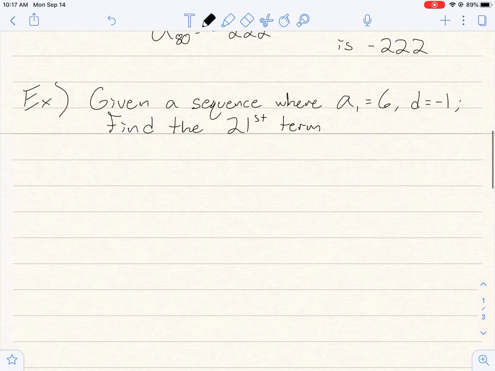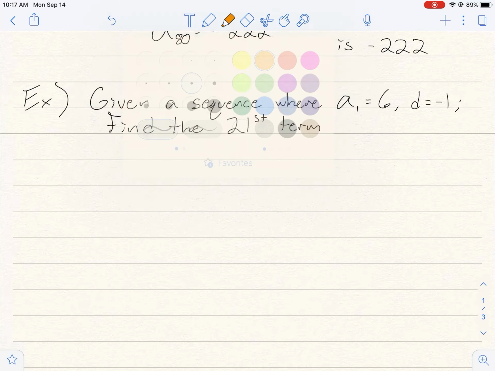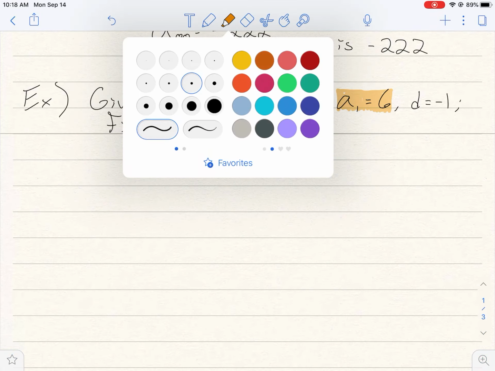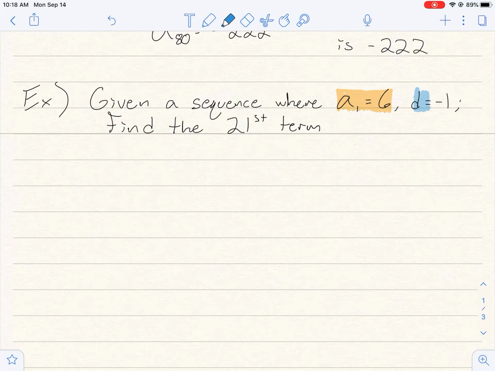So given a sequence where a sub 1 is 6 and d is negative 1, find the 21st term. Well, we could go through and make the explicit formula using these pieces here. So a1, and then your common difference is negative 1.